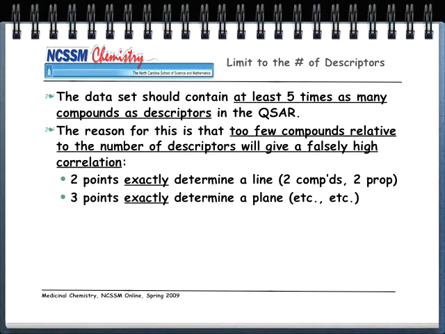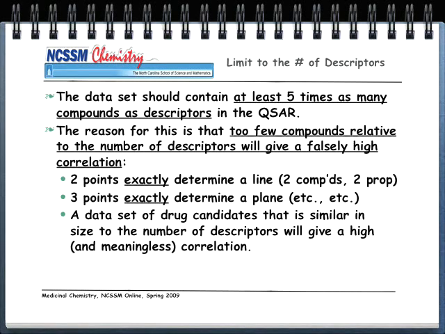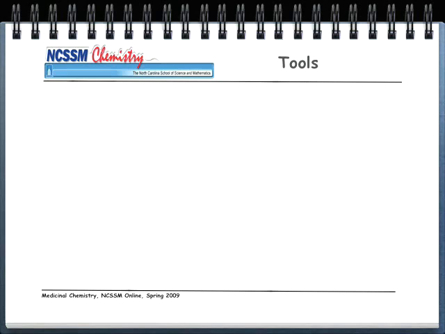And there's all kinds of rules for how many descriptors you have to have given the size of your data set and how big your data set needs to be given the number of descriptors. We won't get too much into the nitty-gritty of some of those statistics, but just understand that I'm going to be giving you some data sets that should be pretty safe. Okay, so we'll try to keep you out of trouble.